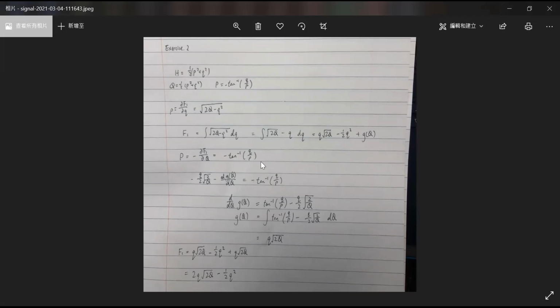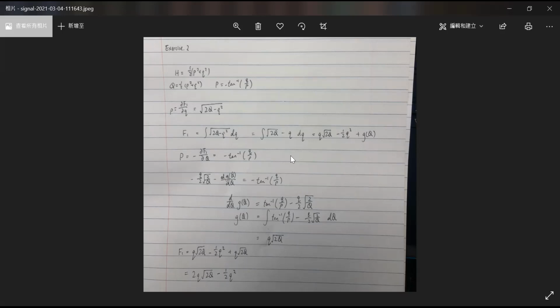Okay, so your final answer is at the bottom. Yes: 2 times small q times square root of 2 capital Q minus 1/2 small q squared.